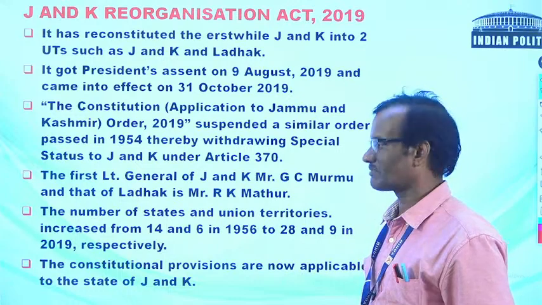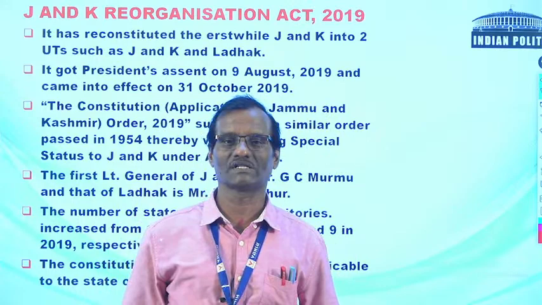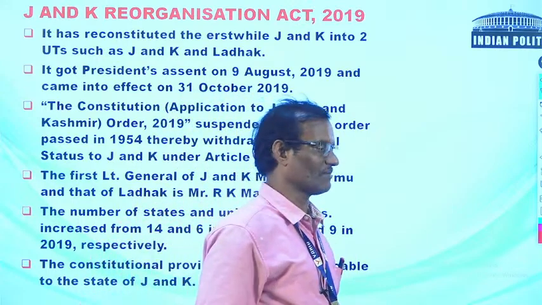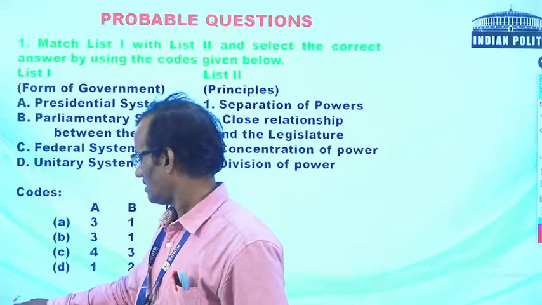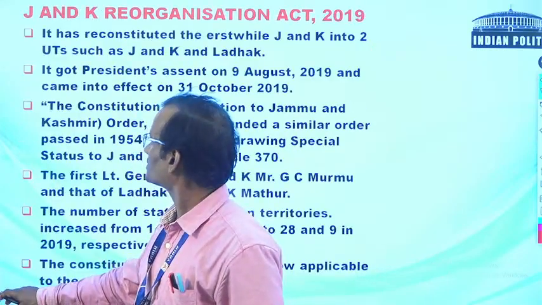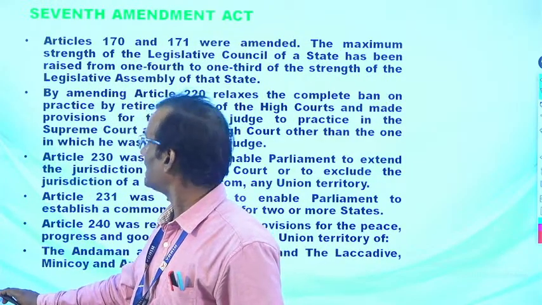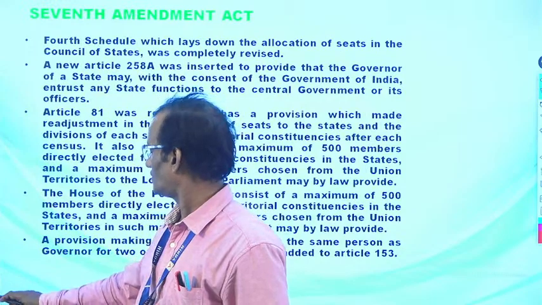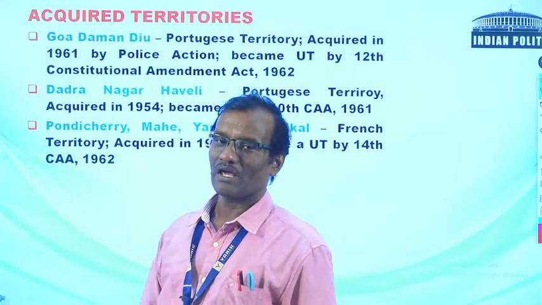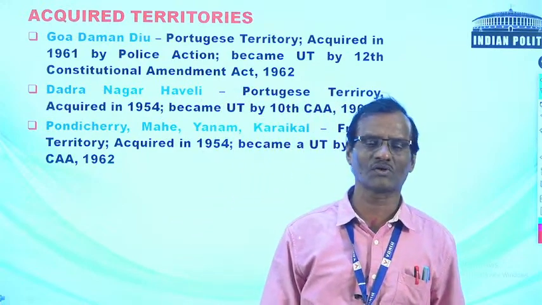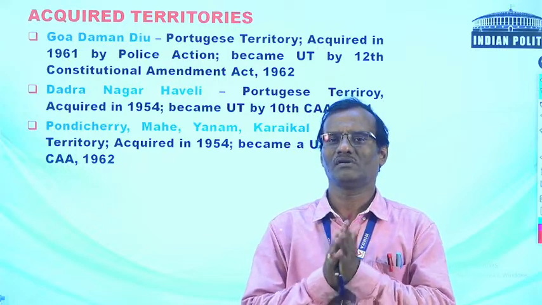After the Jammu and Kashmir Reorganization Act, the number of states was reduced from 29 to 28. And later in 2021, there was a merger of Daman, Diu and Dadra Nagar Haveli.